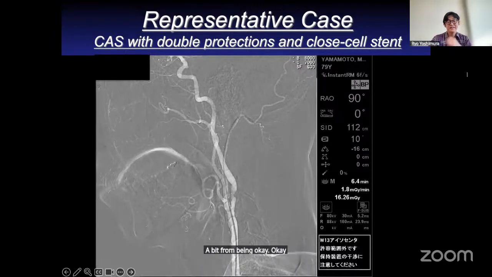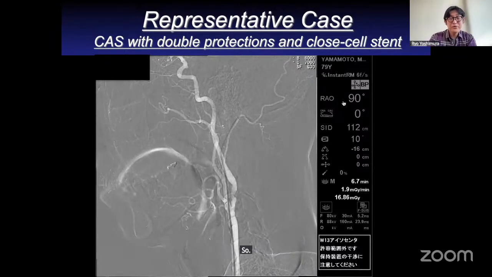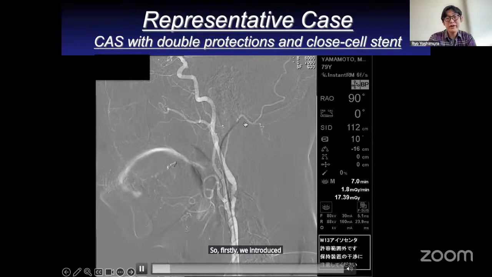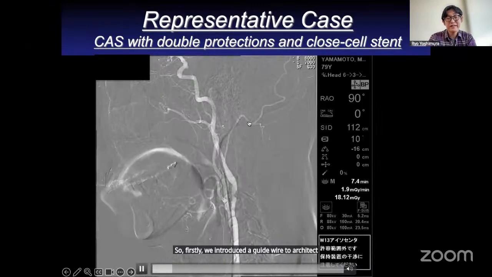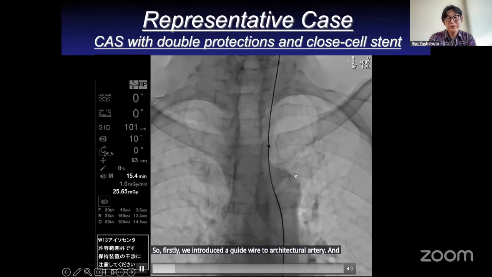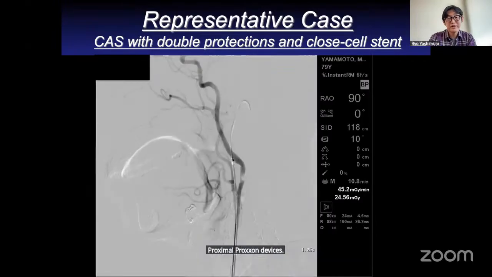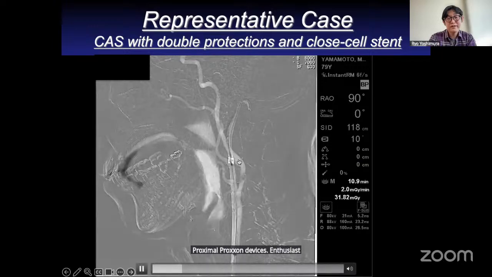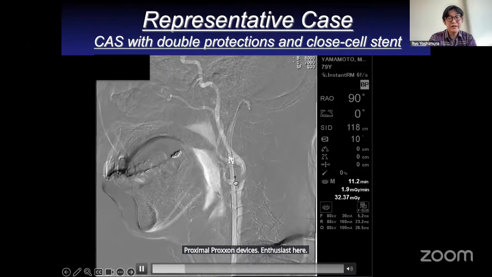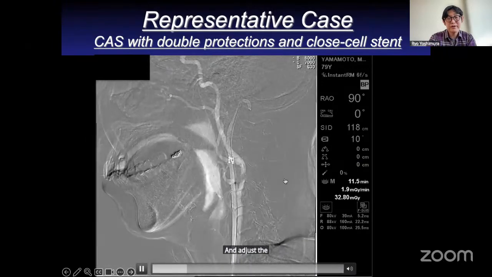So firstly, we introduce a guide wire to the occipital artery, and the MoMA Ultra proximal protection device is introduced here. And adjust the position of the balloon here.